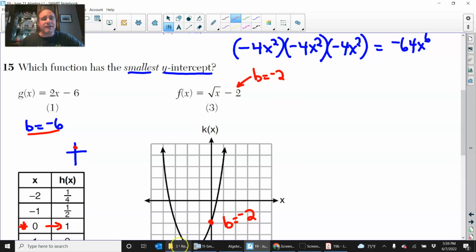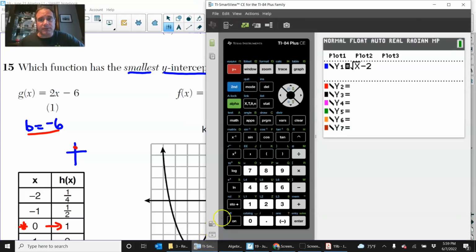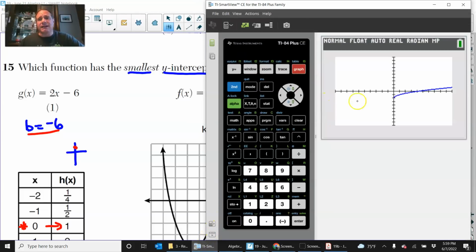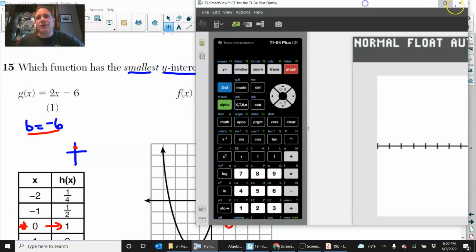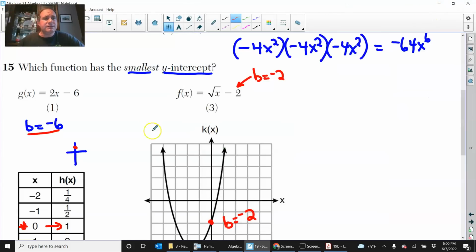I am going to graph it though, just to make sure. I'm going to put it into my calculator, and I see that it is definitely negative 2 as the y-intercept. So this is your answer, the smallest y-intercept.